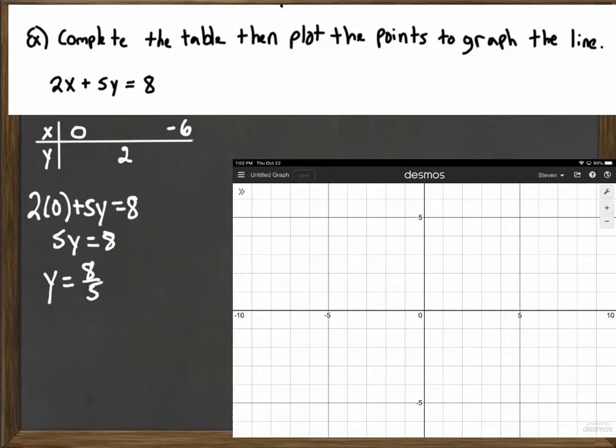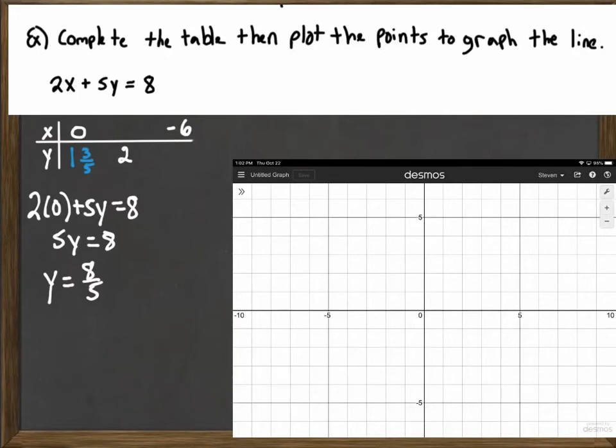When we do that, we get y is equal to 8 over 5. And we can fill that in. As far as a graph, though, we'll probably want to think of that as 1 3/5 or 1.6, so we have a better idea of where to graph it.